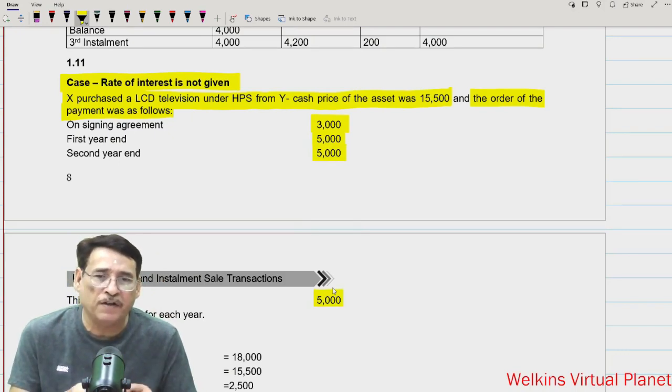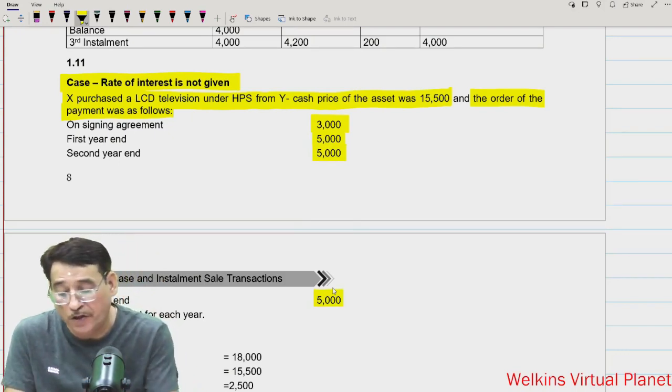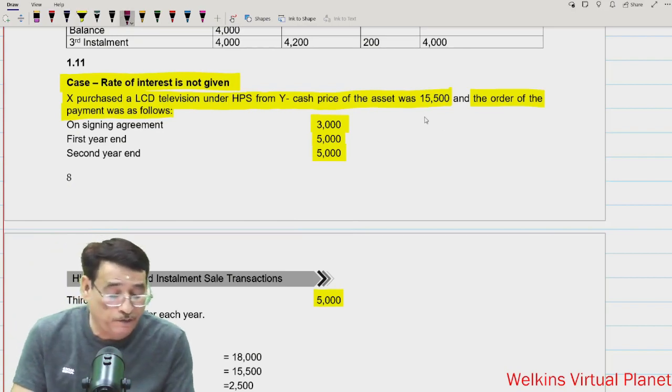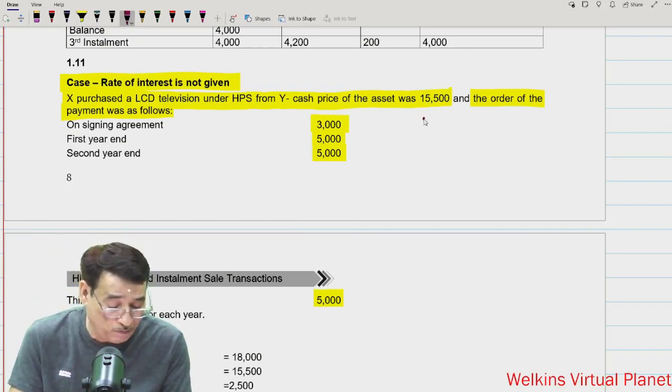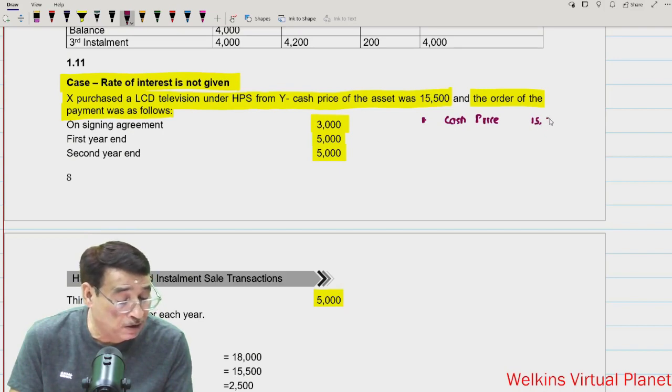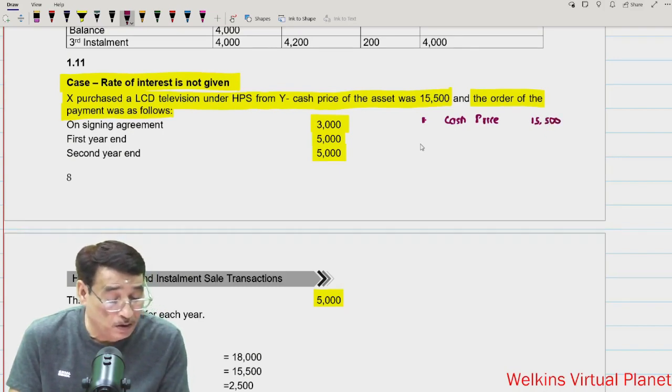When the rate of interest is not given to you, what are you going to do? First of all, you always write the cash price. Your cash price, as you can see, is equal to 15,500. Then you compute your hire purchase price.